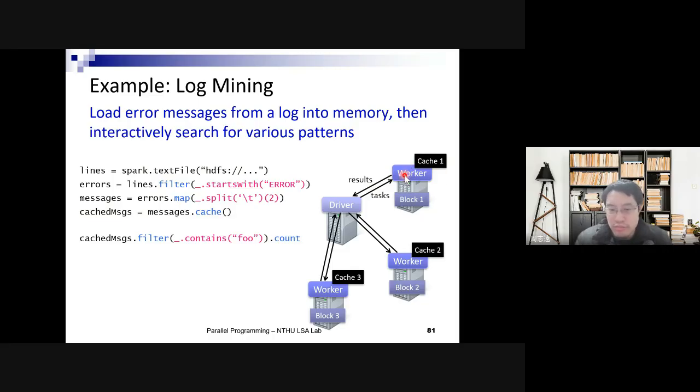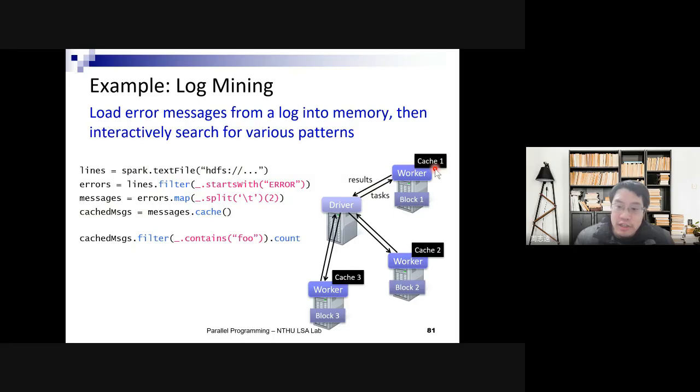Then you are just responsible for caching that part of the data in your local memory. After we cache the data, when we do the count, the driver will generate the value of count by processing the data in the cache.